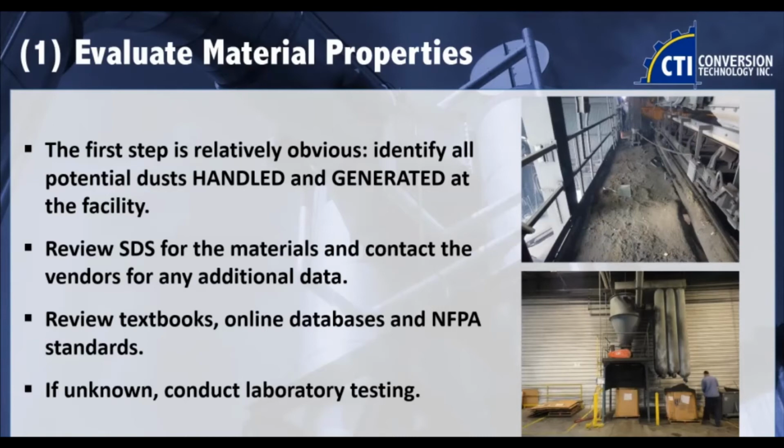There are some online databases and textbooks that we use for those that are not in the standard. And then of course, if you, for instance, make pesticide powder, your material may not be in there because you make it.